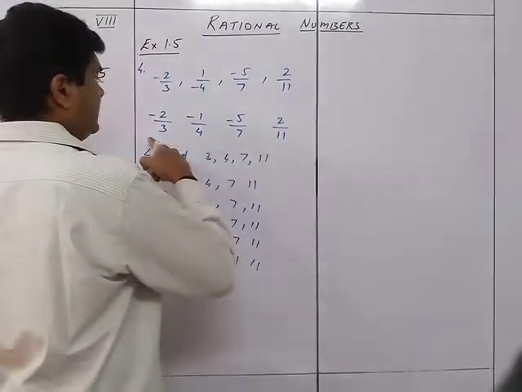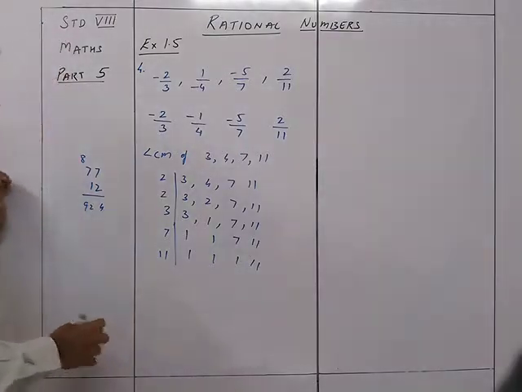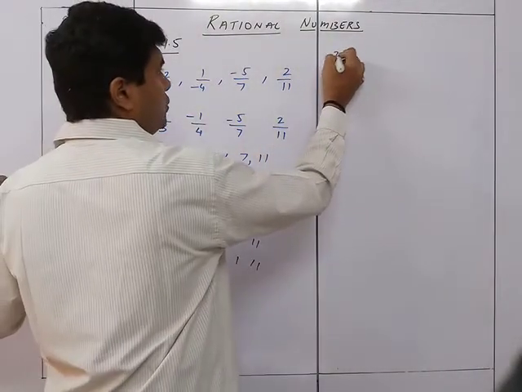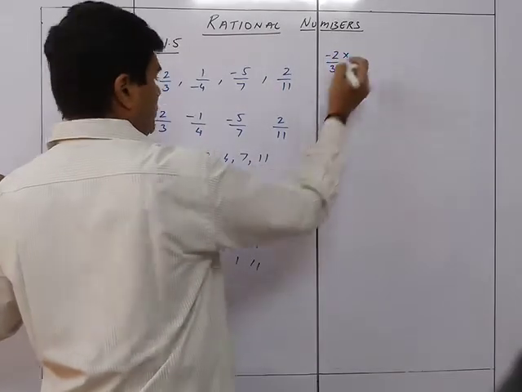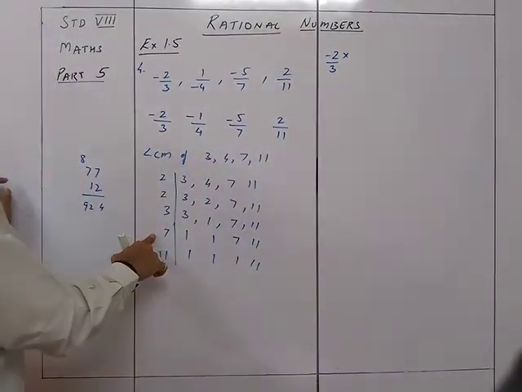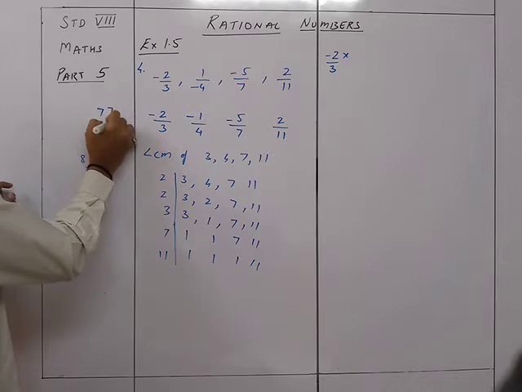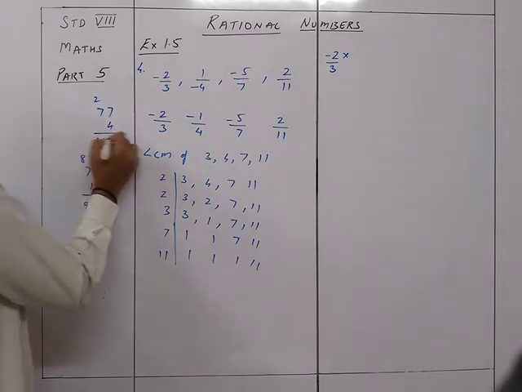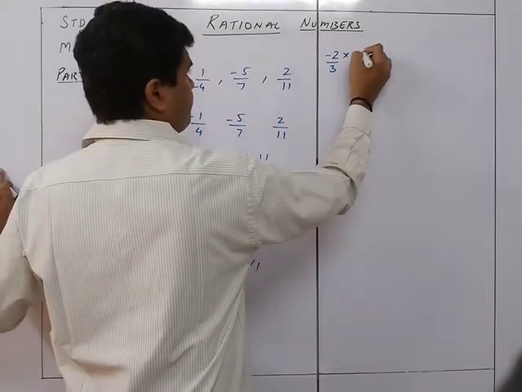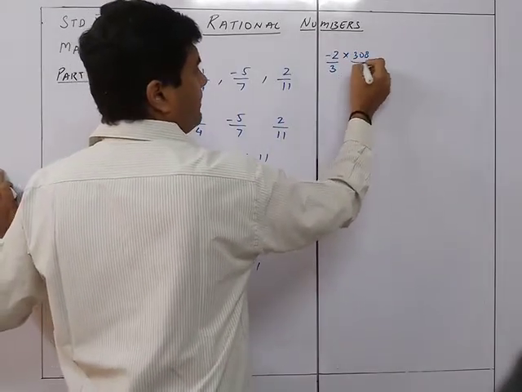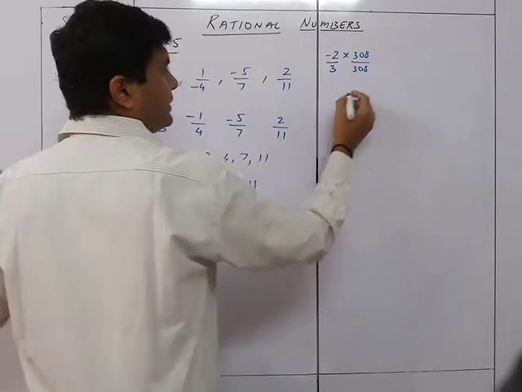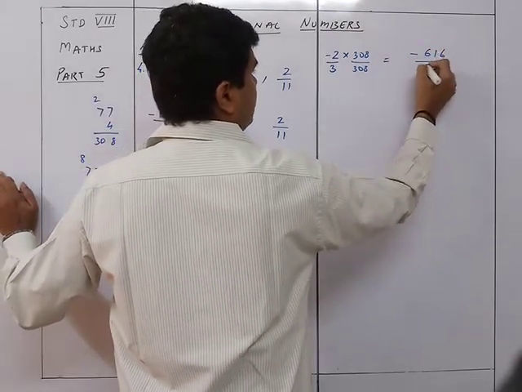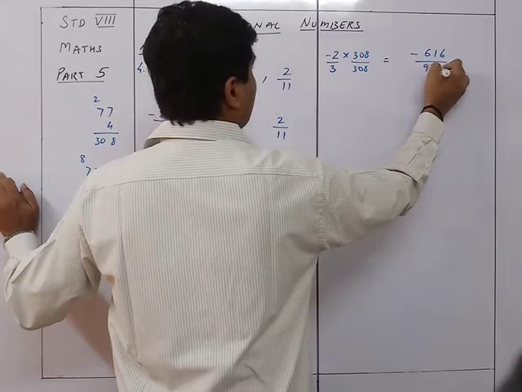So what happens here is that you are going to multiply. It is this way: minus 2 upon 3 into 77 into 4. So 77 into 4 is 308. So minus 2 upon 3 is equal to minus 616 upon 924.